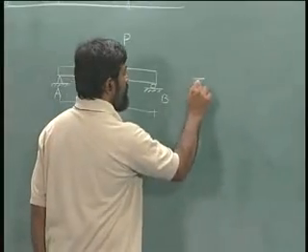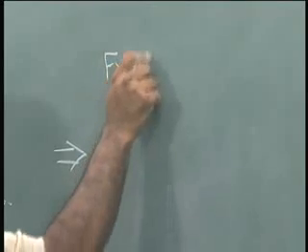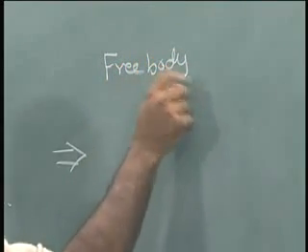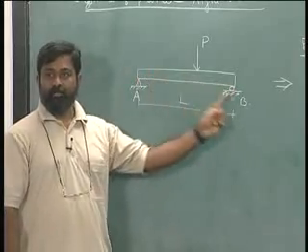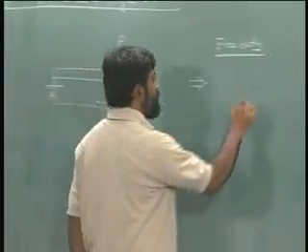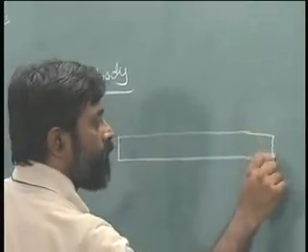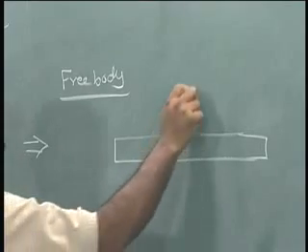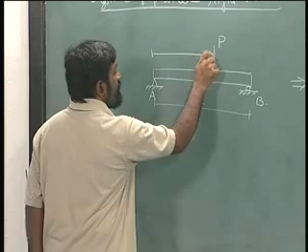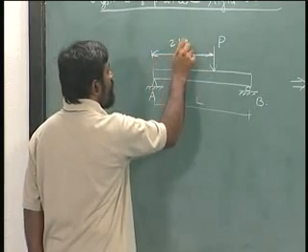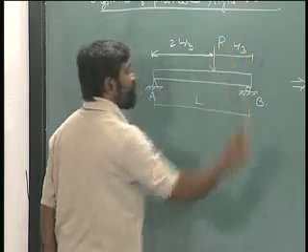So the first exercise that we have to do is draw the free body of this. Remember this is a single rigid body that we have here, so it is not going to be difficult to draw. Let us say this distance is 2L by 3 and this distance is L by 3.